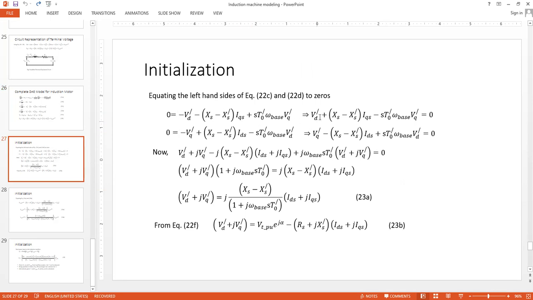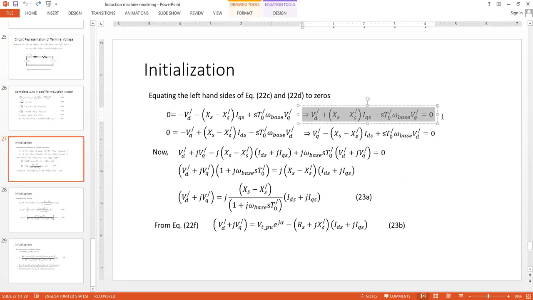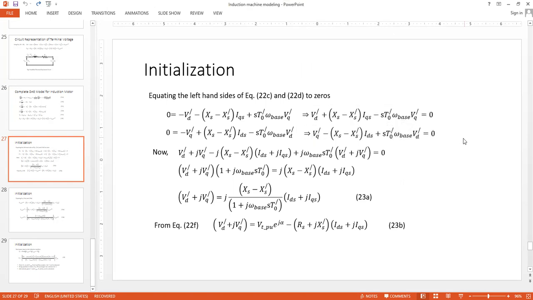Once you make them 0, then ultimately you will get some algebraic equations. So you get 2 algebraic equations. So those are done. Then you can make them look like VD dash. You can see it is some VD dash. There is some VQ dash.